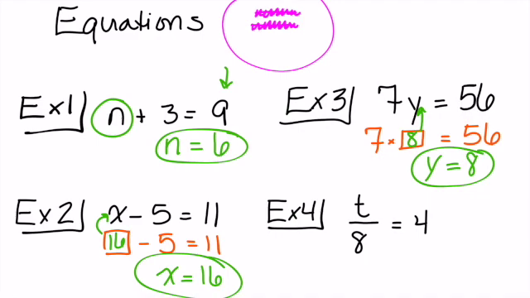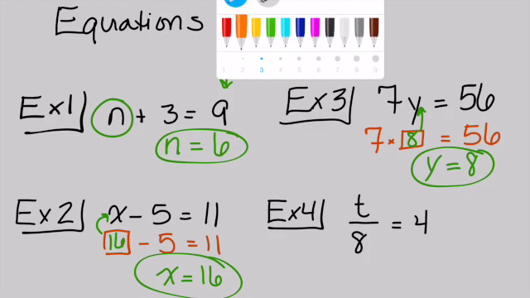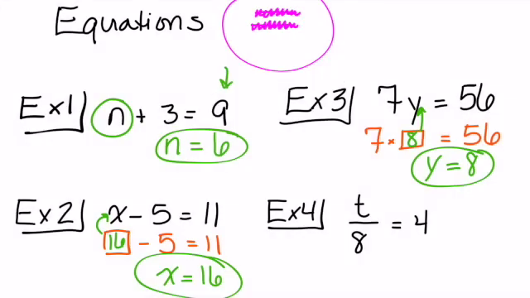Because everyone's initial answer is 2. Well, that's not right. Think about it. What number divided by 8 equals 4? So what number, when I split it into 8 parts, is 4 the answer?